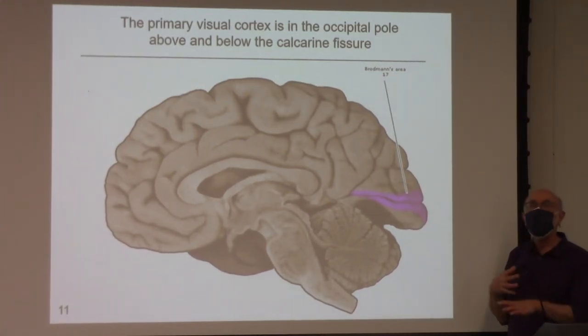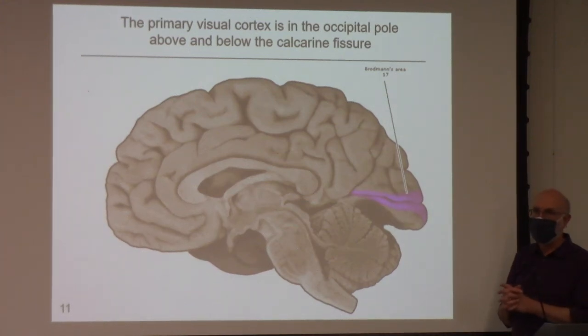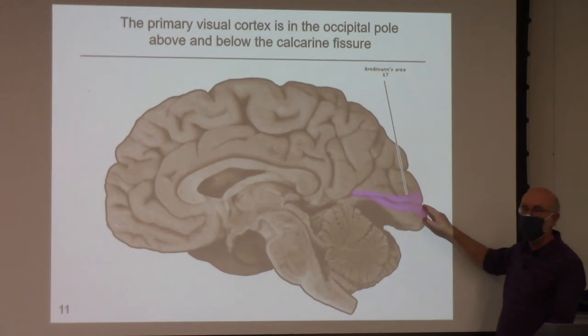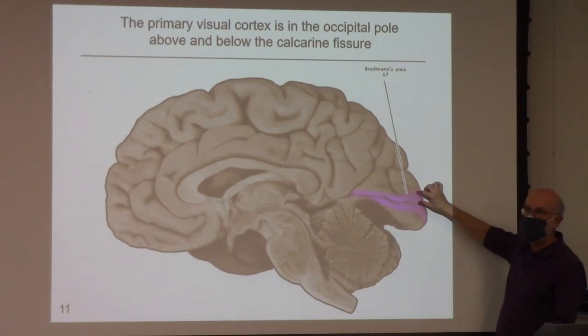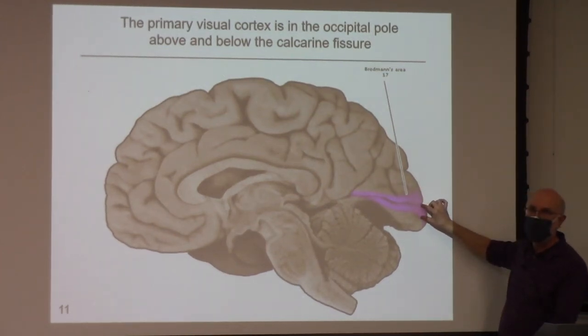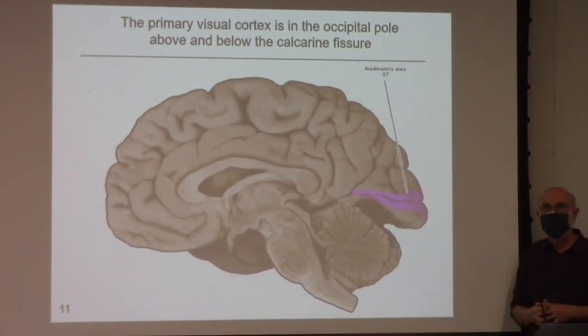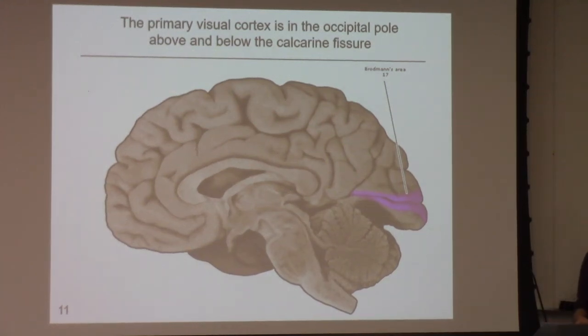They have names that I'm not going to ask you to know. So I do want you to know the name of the sulcus, but I do not care that you learn the name of this gyrus or this gyrus. I'm not even going to say it, so that you have to look it up if you want to know.